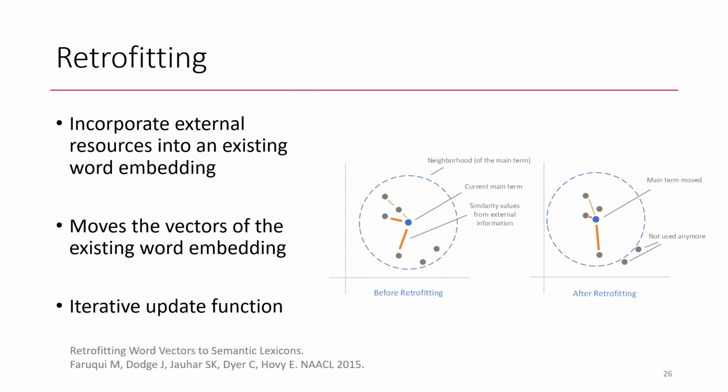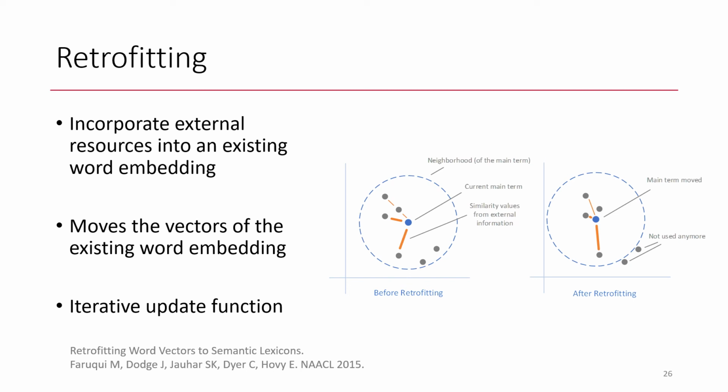And to mitigate that problem, we utilized a technique called retrofitting, which is very interesting, where you actually incorporate external resources into an existing word embedding by moving the vectors of the existing word embedding in an iterative update function, where each word gets moved by a combination of its original position and similarity values to other words based on external information.